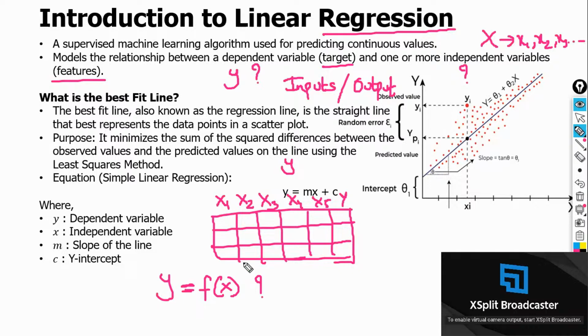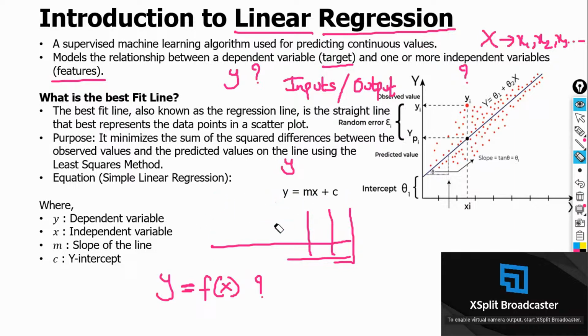Why is it named linear regression? Regression we already understood, but why linear? In the sense that we are going to get a linear, straight line. If you remember, y equals mx plus c. I hope every one of you remembers this equation.